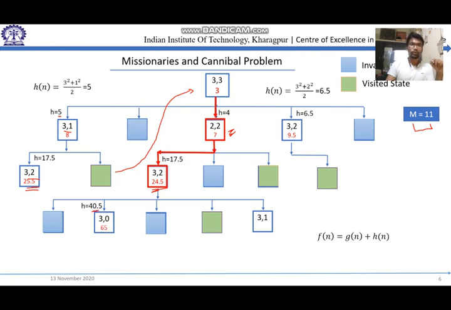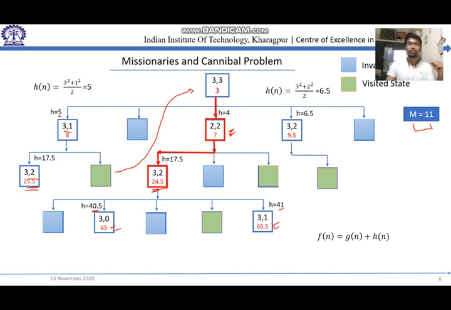Now for this 3 0, if I calculate the heuristic function value, it turns out to be 14.5, and the function value 24.5 plus 40.5 turns out to be 65. After this there is one more path, 3 1, and the corresponding heuristic function value is 41, and the function value at this node turns out to be 65.5.